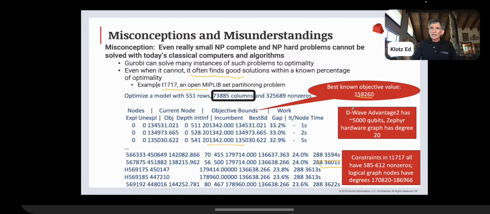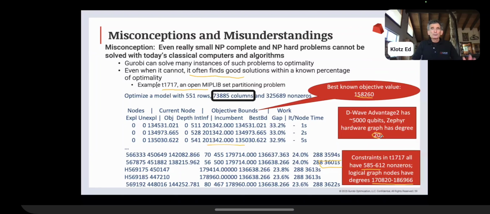And then if you look at the constraints, they all have over 500 non-zeros, which means the logical graph associated with the non-zero structure of the Q matrix in the QUBO is going to have degrees way above 20.